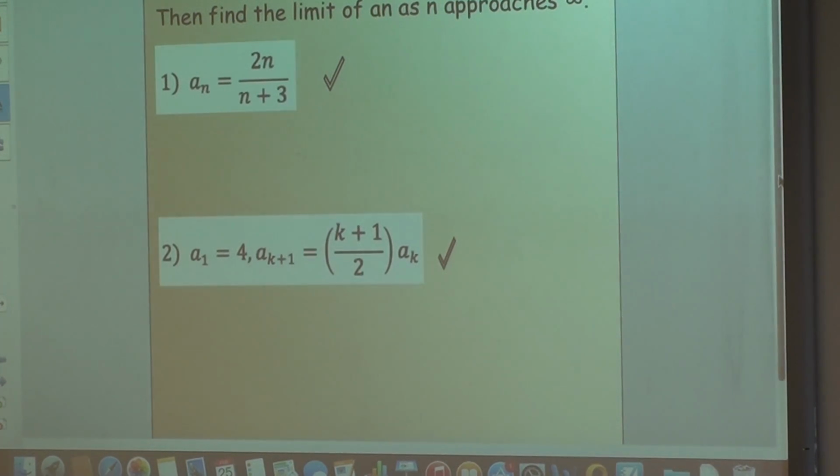Because no matter what, you add 2. You're on the right track. It's just 2n over n, and then as n goes to infinity.